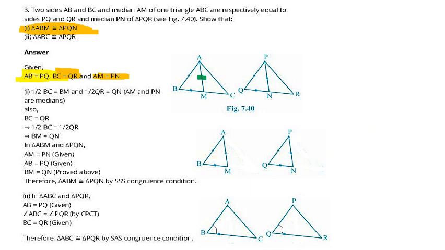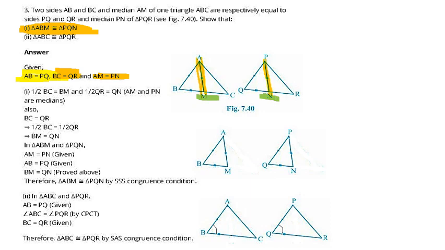I wrote down that because AM is the median, and this PN is the median, and median is a line that joins the midpoint of a side to its opposite vertex. That means M is the midpoint. So this point M and this point N, they are midpoints.